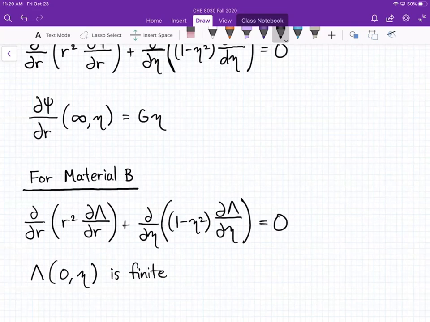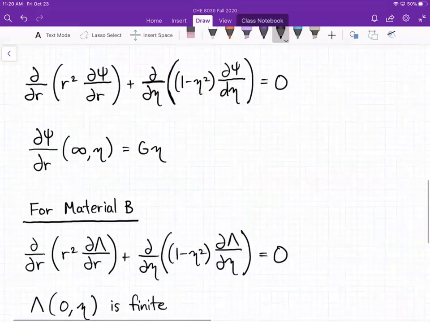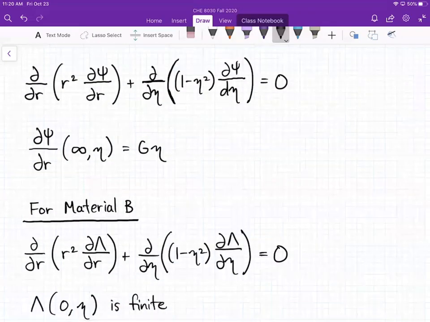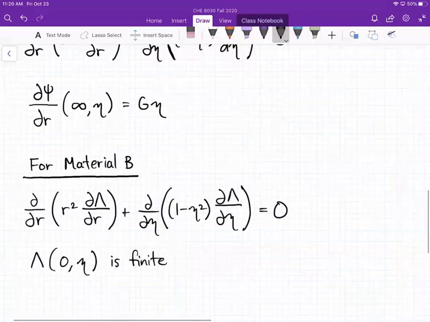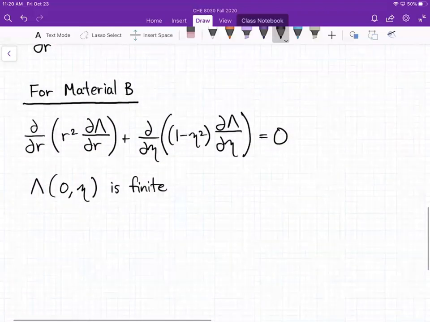Okay, so two differential equations. They're both second order. I've written down two boundary conditions, so I need two more boundary conditions. The two other boundary conditions come from the fact that the temperature and the normal component of the heat flux must be continuous at the interface. So from that, the two boundary conditions I can write.